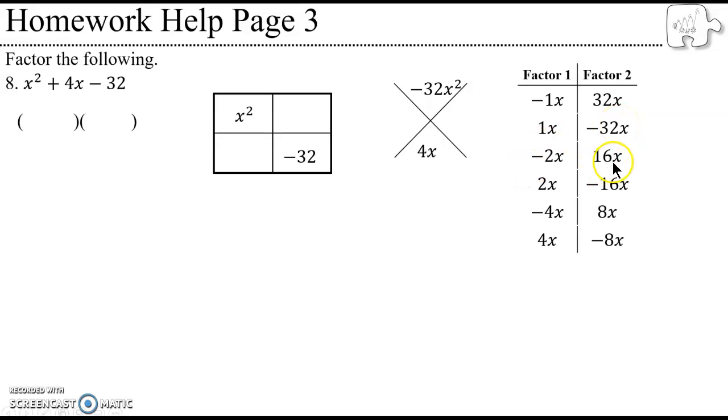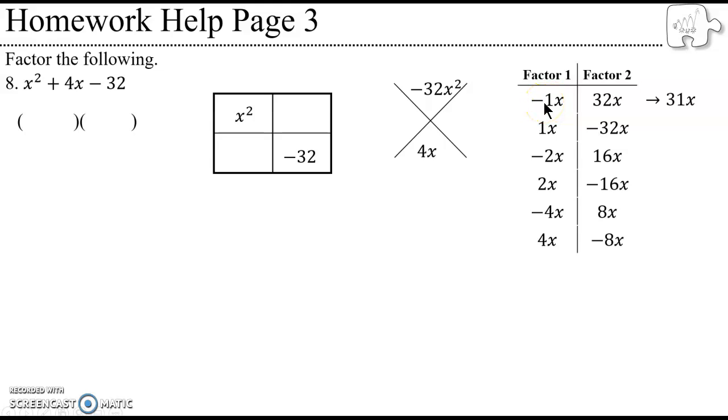Negative 2 and 16, or positive 2 and negative 16. So it's kind of like every factor has a pair with it, the opposite. Either factor 1 is negative or factor 2 is negative. So let's just add these together and see what we get.